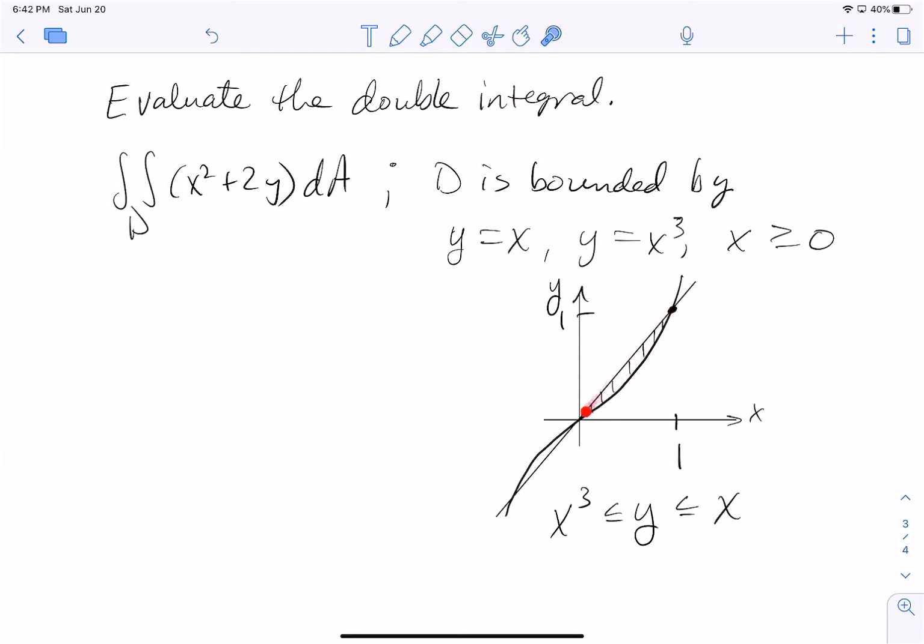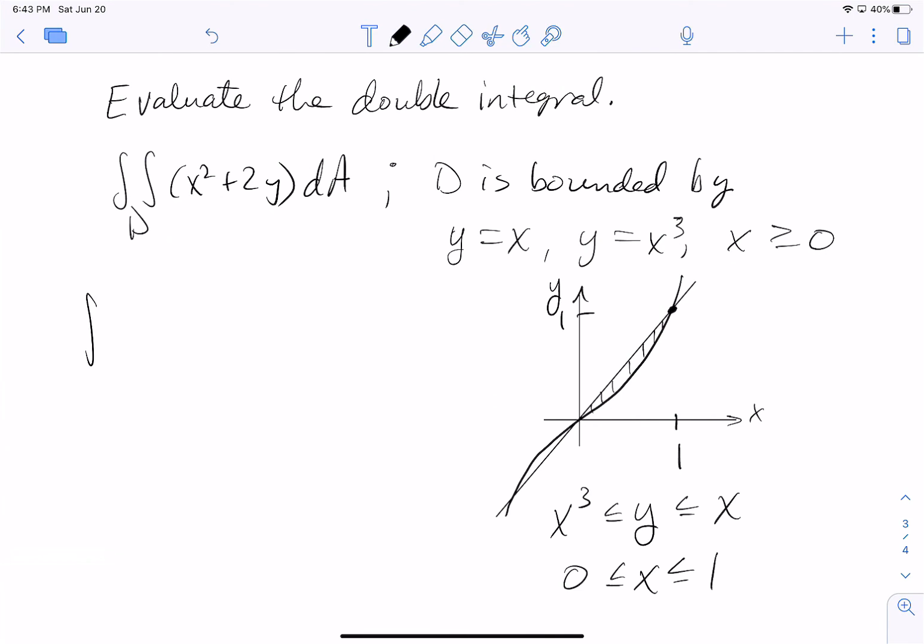And then x goes from 0 to 1 for our region, is what I meant to say. If this reminds you at all of finding volumes using shell, disk, and washer methods, it totally should. Considering limits for a region D is very much like what you did at that time.